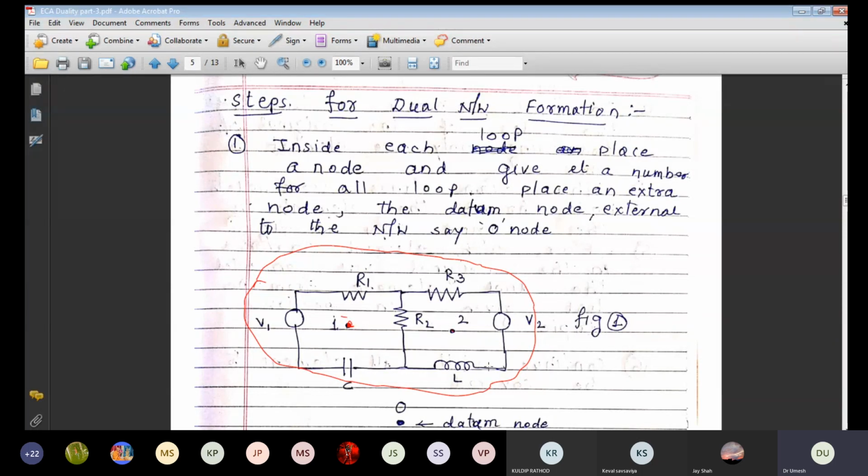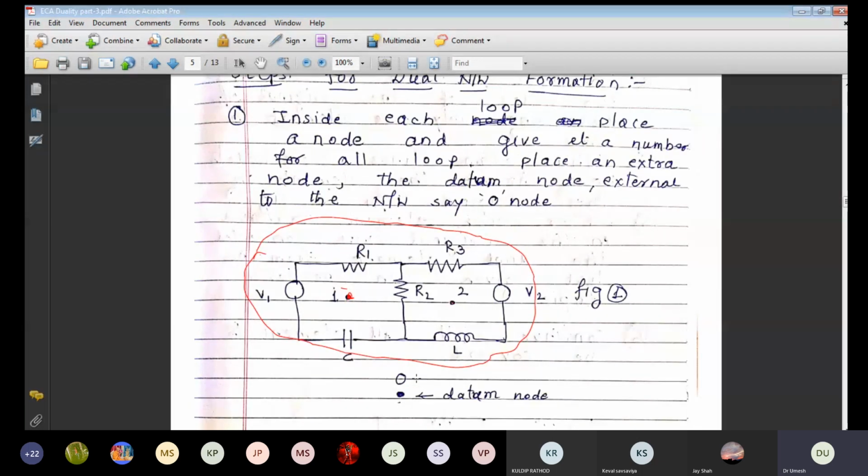Now you have to go in the clockwise direction. You can also go anti-clockwise, it doesn't matter, but I am just taking one standard method. The third node you have to take outside the network. So we have three nodes, 1, 2 and 3. The first node you take in the first loop, the second node in the second loop.